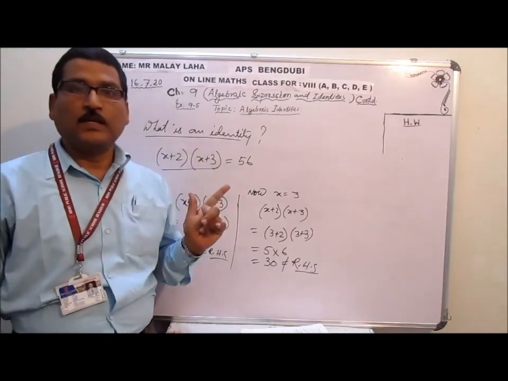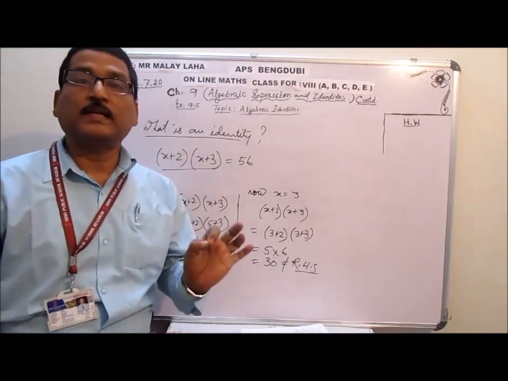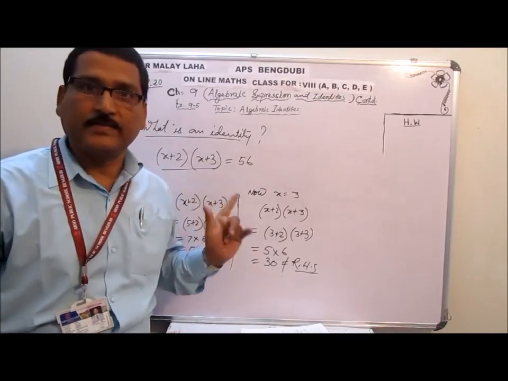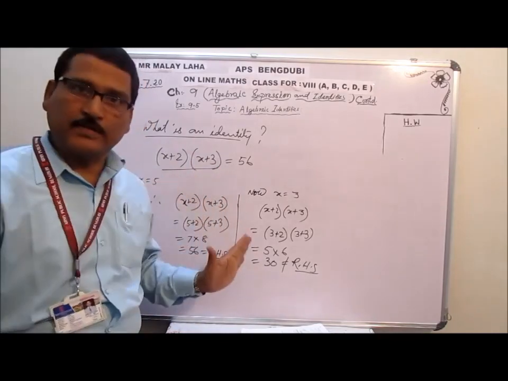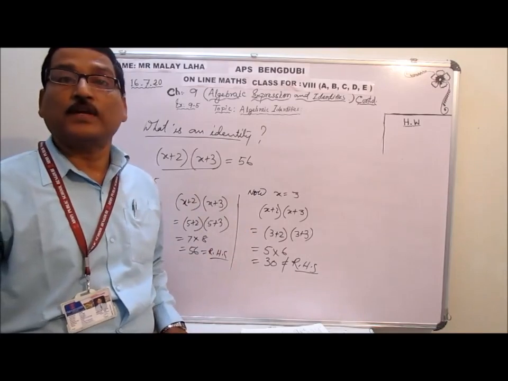This equation is correct only for a certain value of x, that is 5. So that's why it is not an identity.